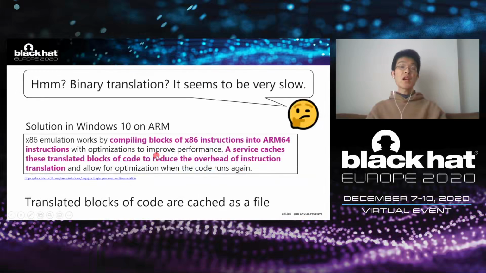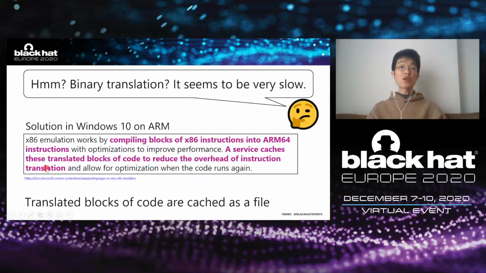But you might think, hey, binary translation for every application launch? It seems to be very slow. But again, don't worry. When you look at Microsoft documentation, you can find that a service caches these translated blocks of code to reduce the overhead of instruction translation.